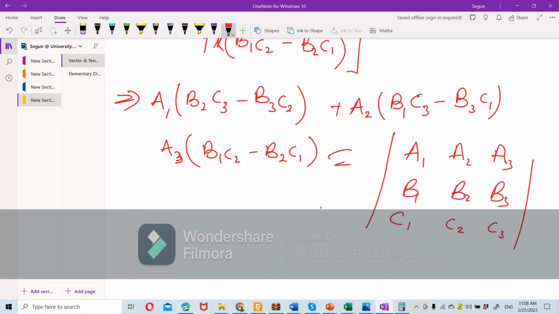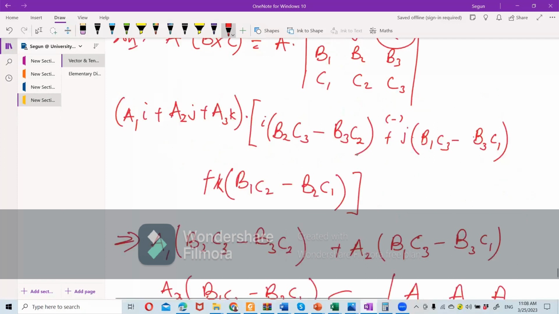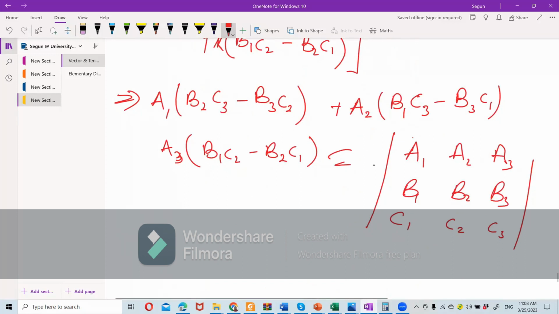So if you open these brackets, the person that asked why we are using negative: remember that at this point, what we are trying to prove is we are not looking for determinants.